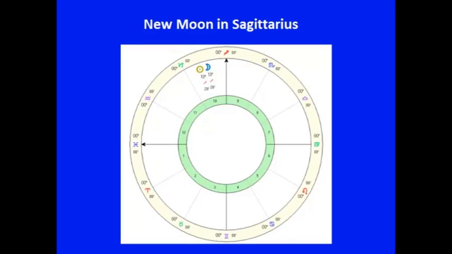We could also just look on a chart. Here's a new moon in Sagittarius where the sun and the moon are both at 13 degrees and 28 minutes of Sagittarius, an exact new moon point. So on a chart, you'll see them together. Now that's a very close conjunction.